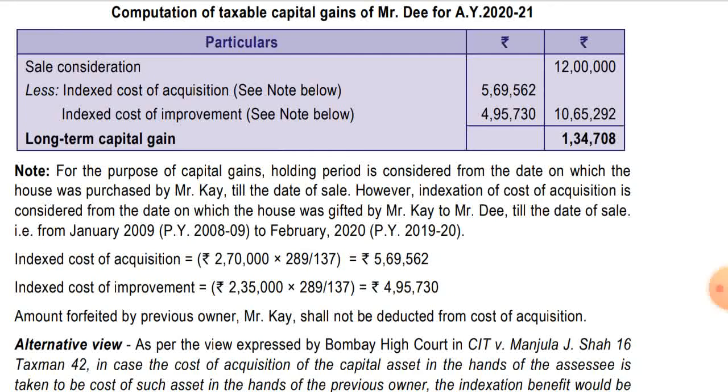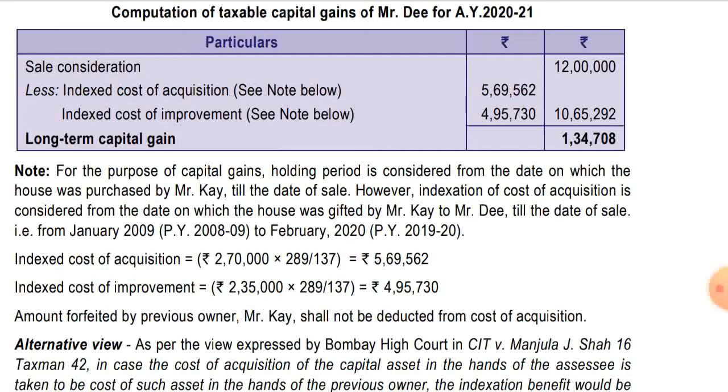We'll see the alternative view in the alternative view answer. They have the amount as 5,69,562. If we take that view, 2,70,000 into 289 divided by 100, then the amount will be coming to something like 7,80,300.